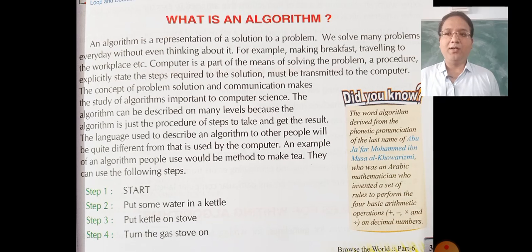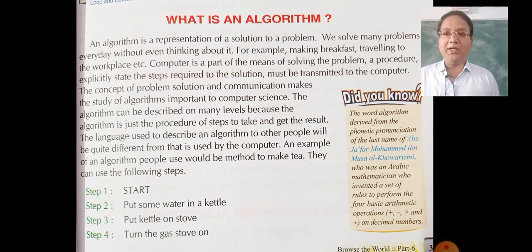A procedure explicitly stating the steps required for the solution must be transmitted to the computer. The concept of a problem, solution and communication make the study of algorithms important to computer science.